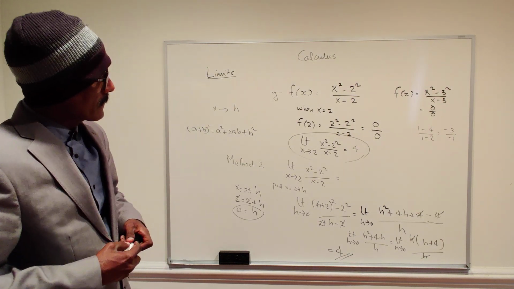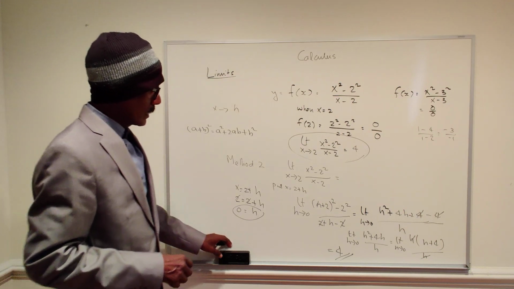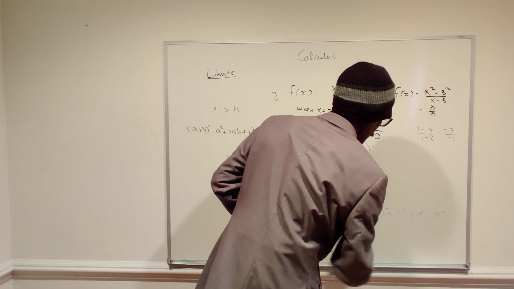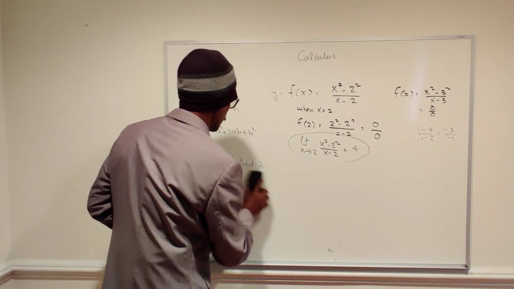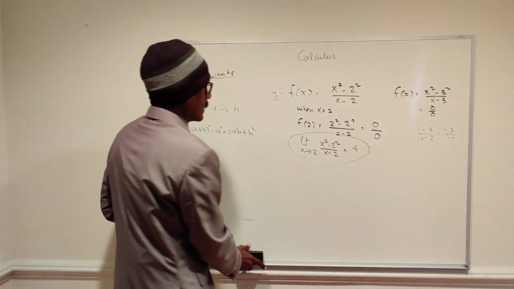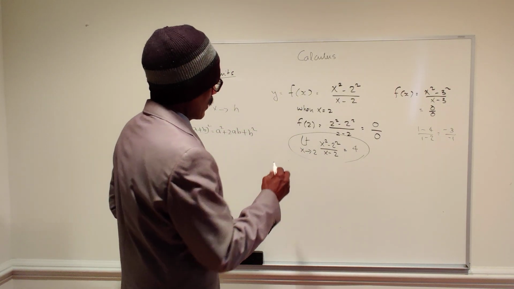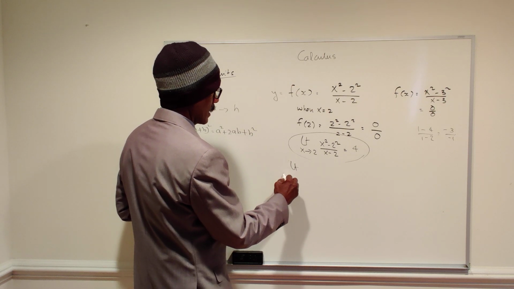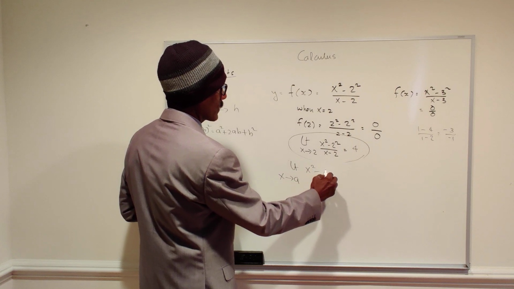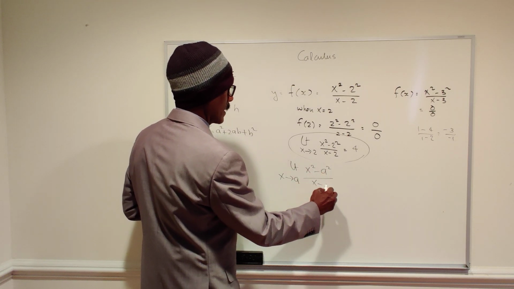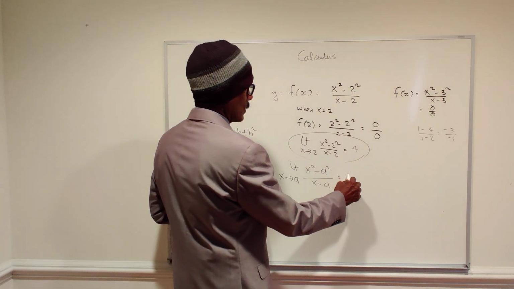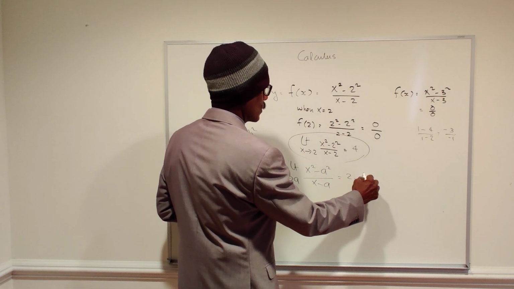Then the last method is, you can apply the formula. See, there is a formula, limit x tends to a, x square minus a square by x minus a, there is a formula, 2a raised to 2 minus 1.